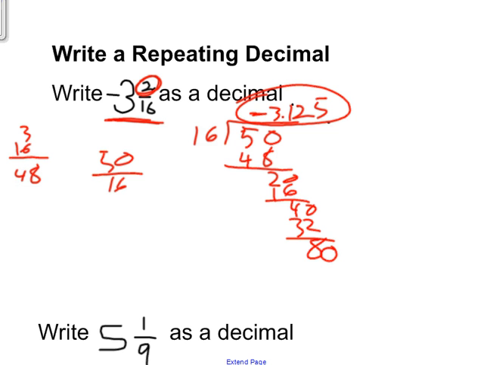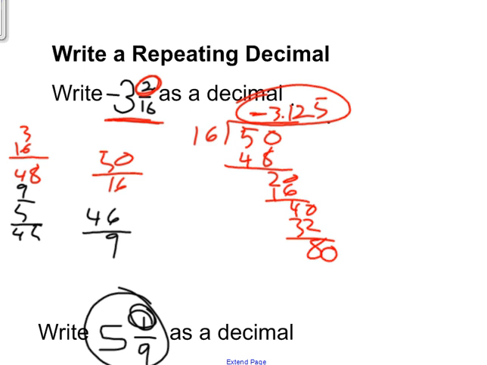If we write 5 1/9 as a decimal, first of all, we're going to make it into an improper fraction. We're going to go 5 times 9 is 45, plus the 1 that's already in the numerator, so that would become 46 over 9. And we're actually going to do that division now, 9 into 46.